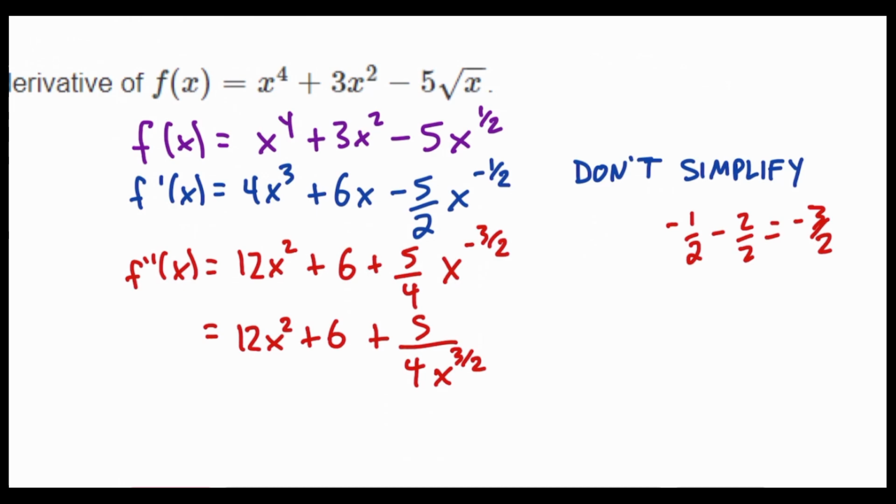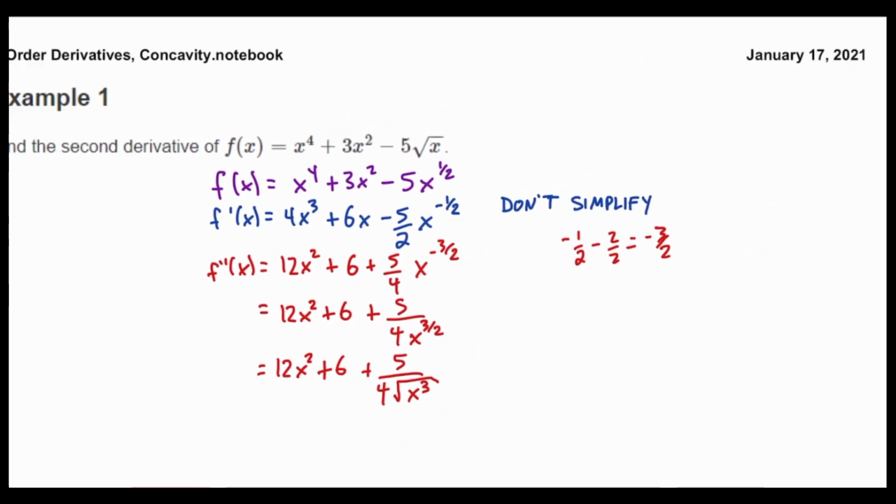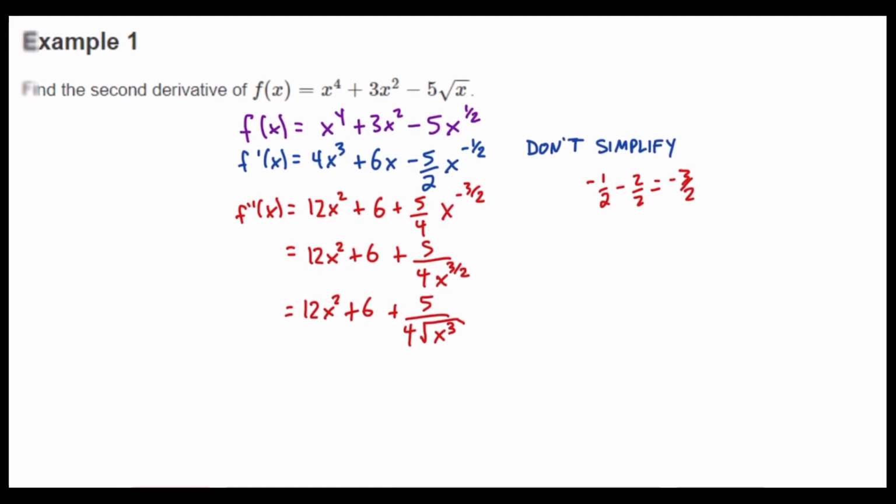And if we were asked, we could also represent it like this: 12x squared plus 6 plus 5 over 4 square root of x cubed. So there we go. We have successfully found the second derivative of this function.